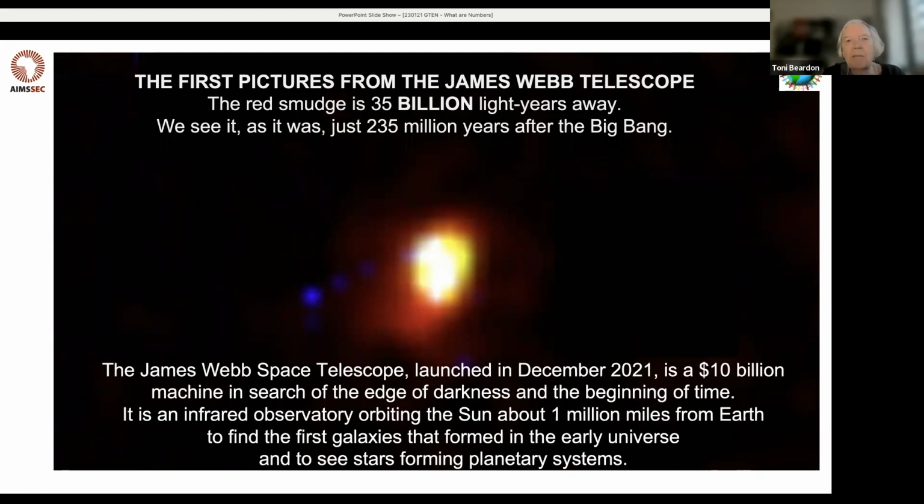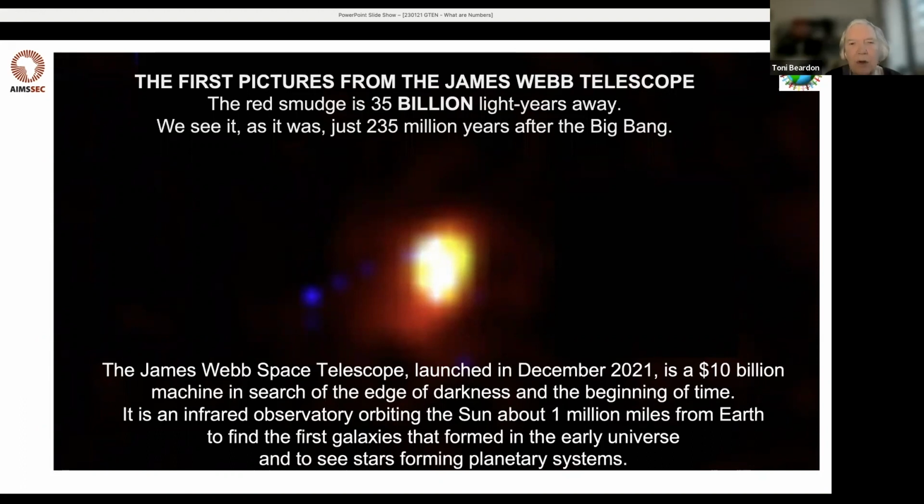We're going to say a little bit more about it, but actually 235 million years is not very long in this great scheme of things, in talking about time from the beginning of time. I mean, it's a long time, but it isn't, compared to 35 billion. That's quite close to the Big Bang.